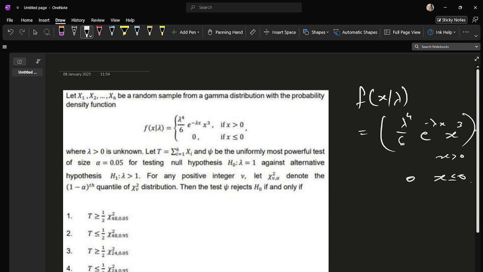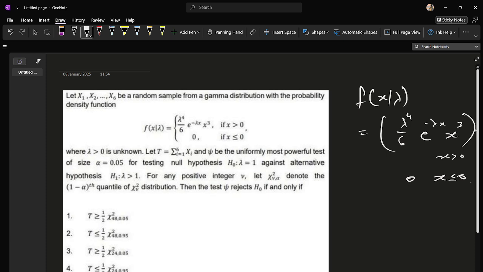Let T equal the summation of Xi, and let psi be the uniformly most powerful test of size alpha equal to 0.05 for testing the null hypothesis H0: lambda equals 1 against the alternative hypothesis H1: lambda greater than 1.